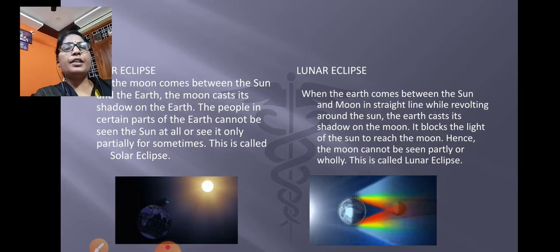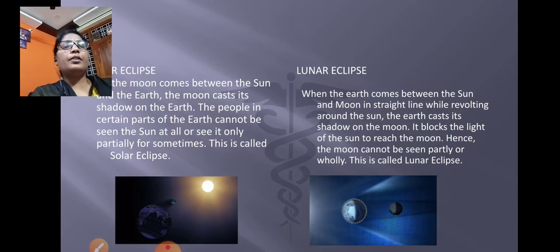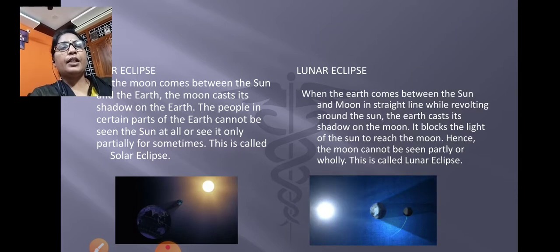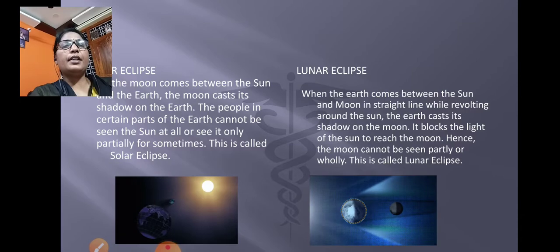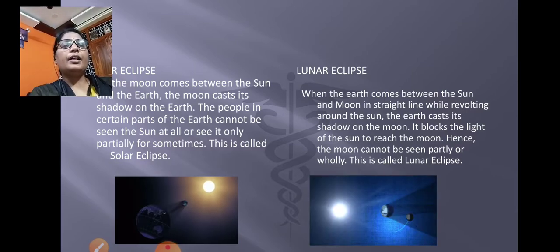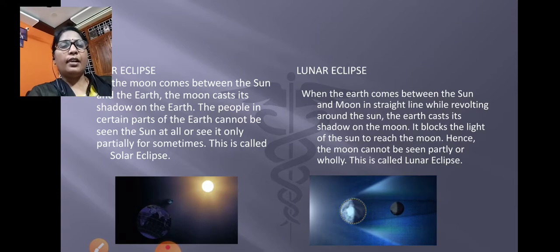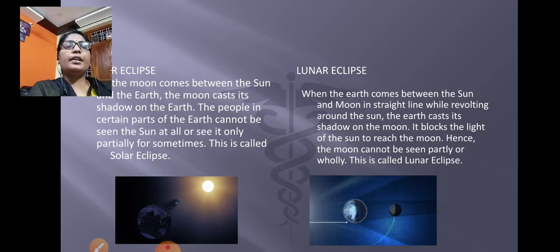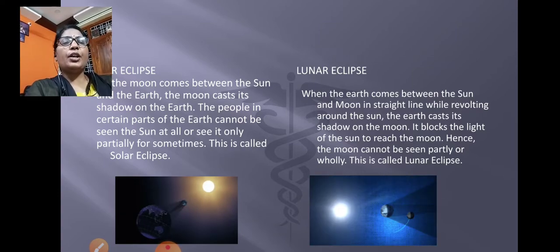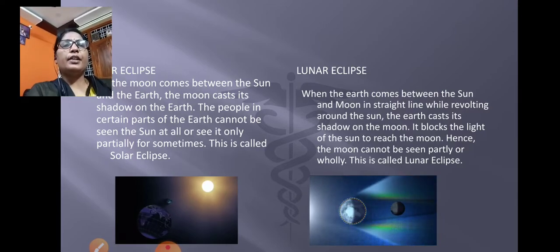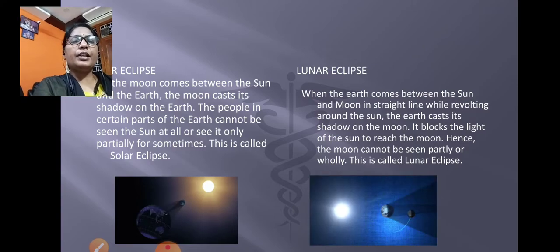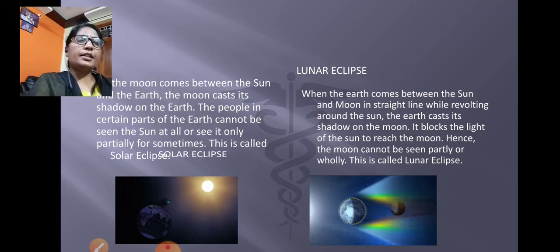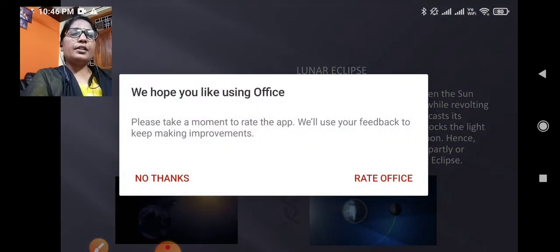Now you can see the GIF image of solar eclipse, how the moon is coming in between the earth and the sun, and how a straight line forms, and how it is blocking the light of the sun, and how the shadow is formed on earth in solar eclipse. You can observe by observing these two GIF images. Understood?